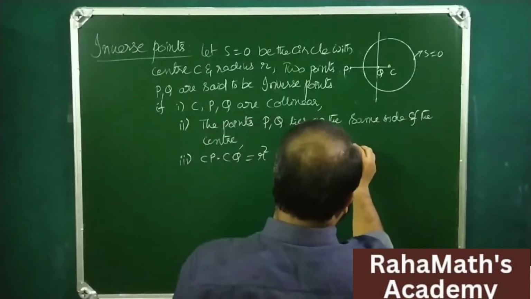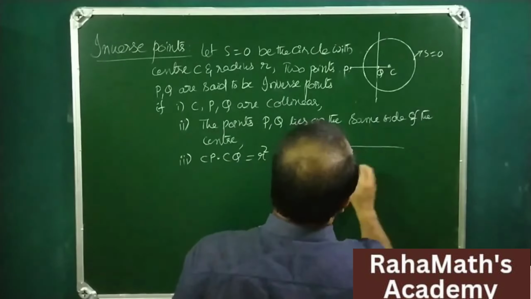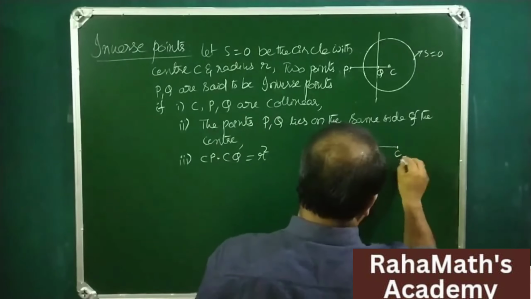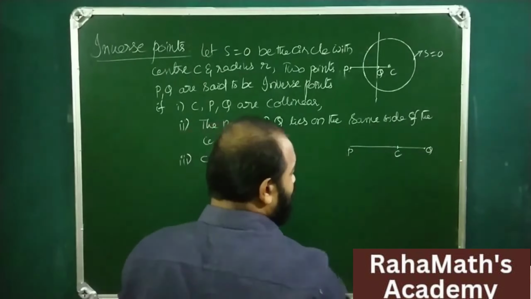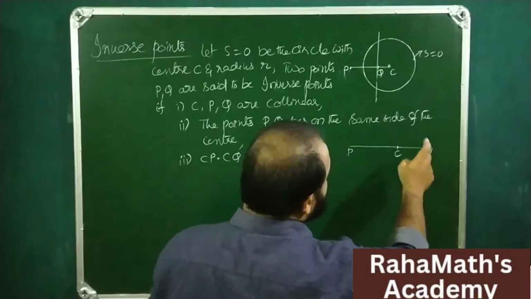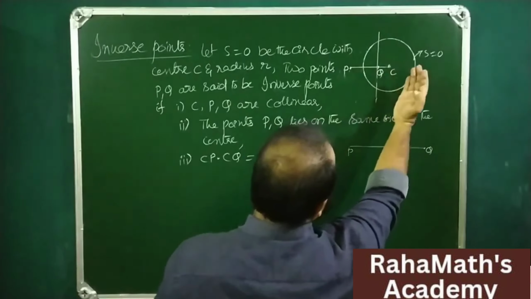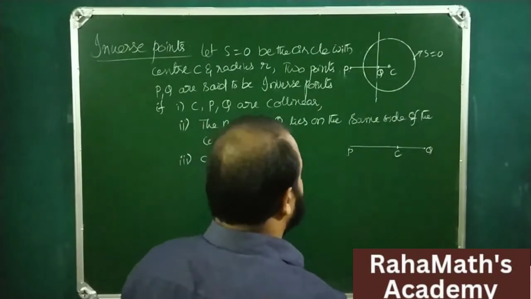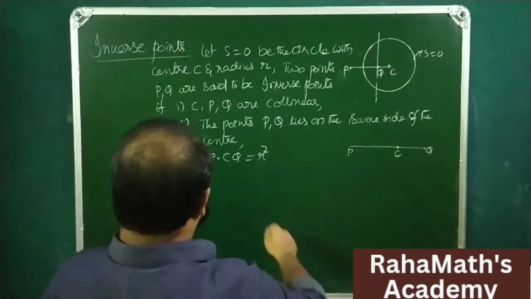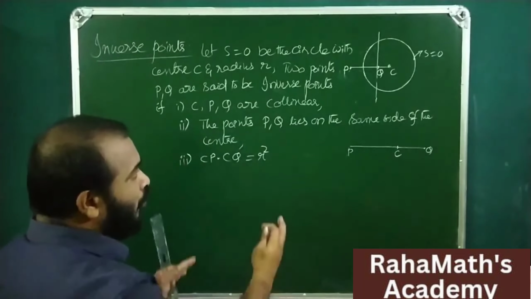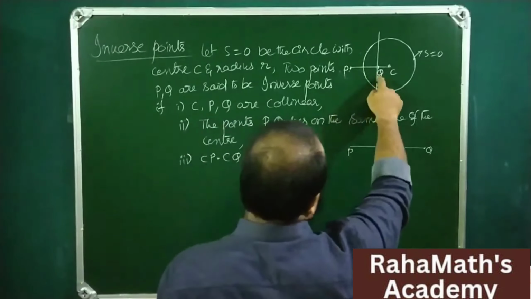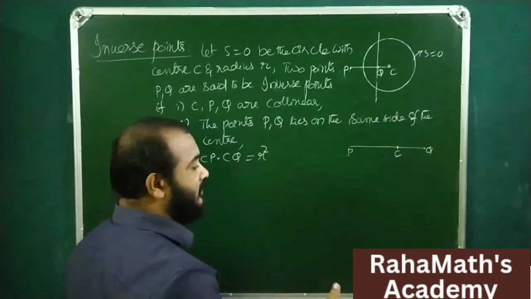It is not like so: if P is this and C is this, Q should not lie here. So P, Q should be lying on the same side of the center of the circle, and CP into CQ is equal to R square. Then those points P, Q are said to be inverse points.